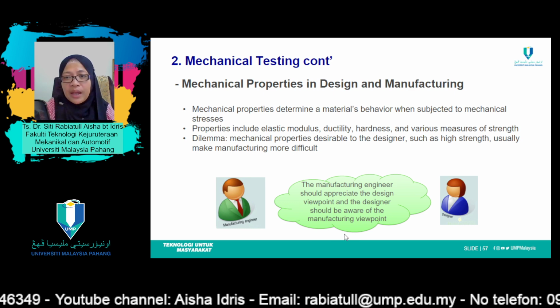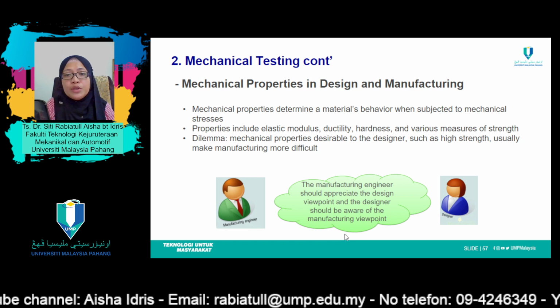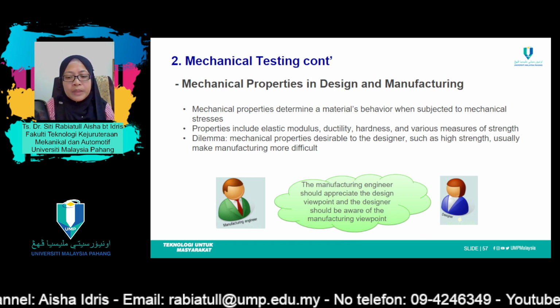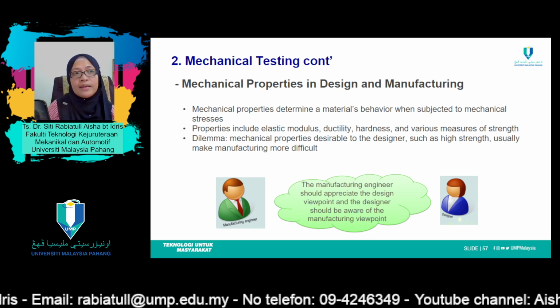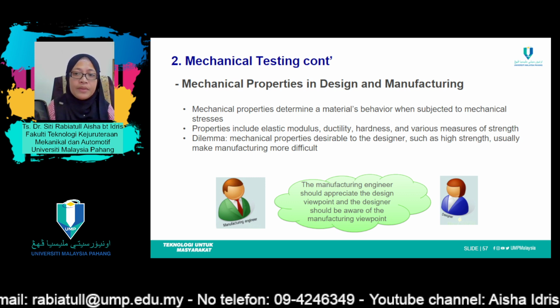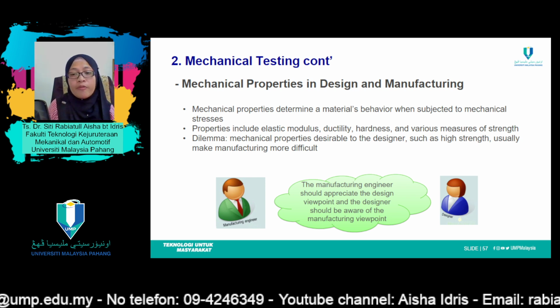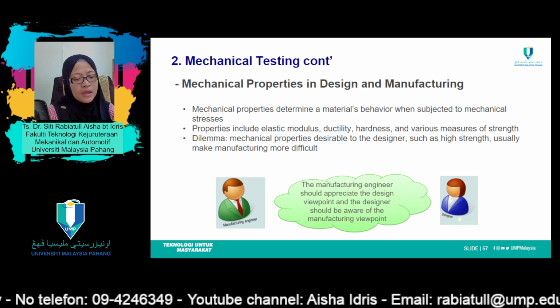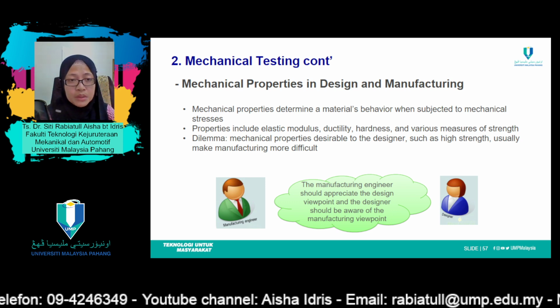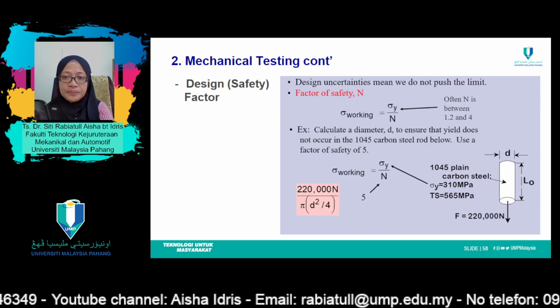As a manufacturing engineer, we should be able to determine the properties of the materials which actually affect the final design of the product, because different products may require different types of properties. So we need to study the possible or suitable testing for each type of material.